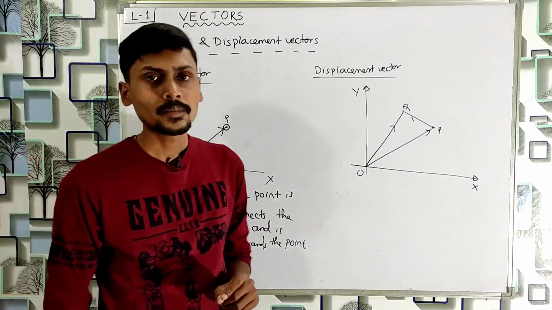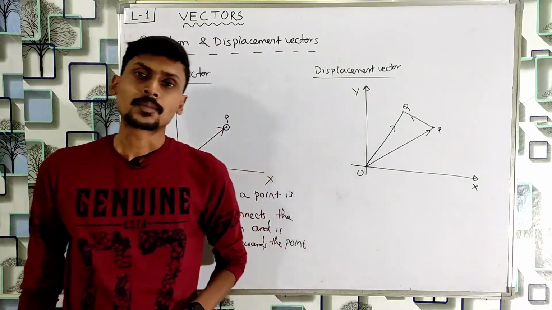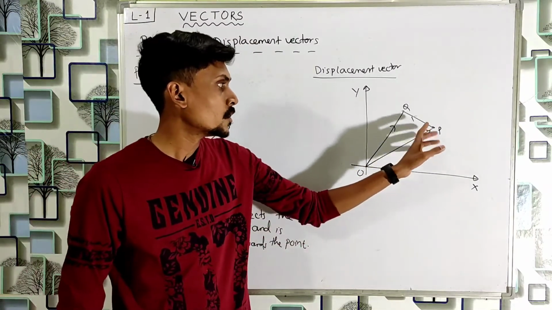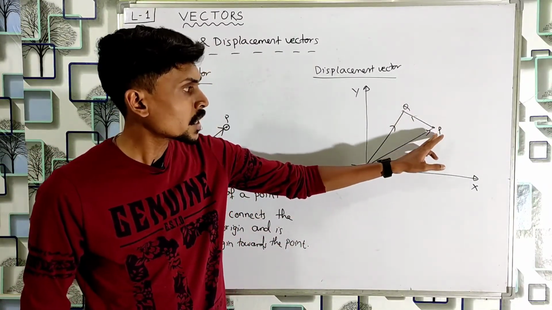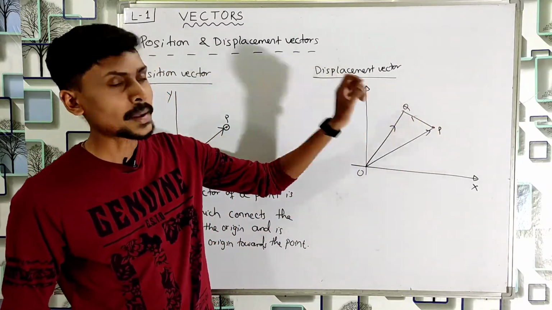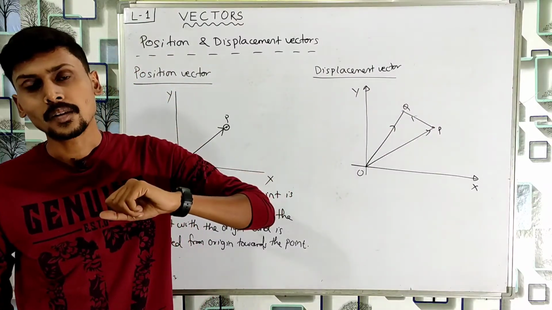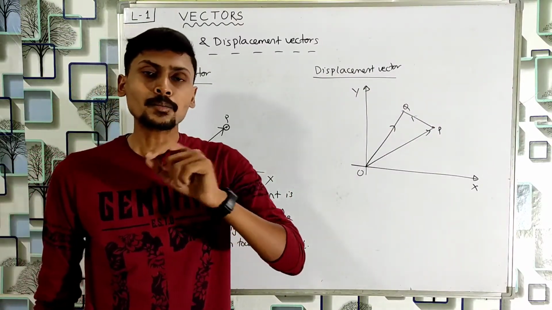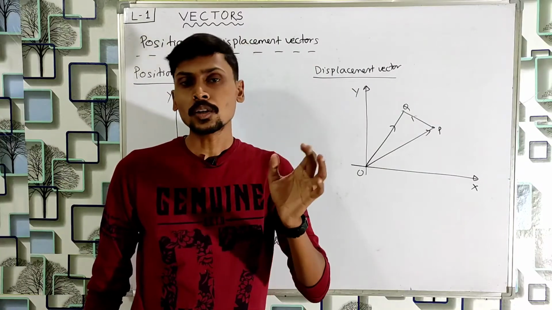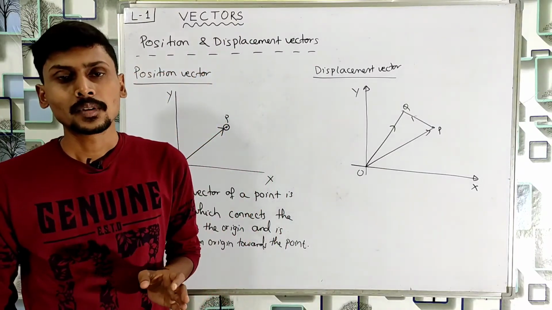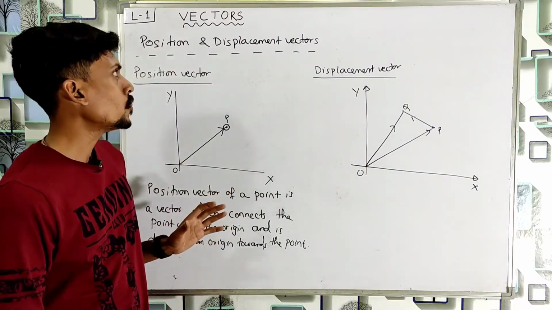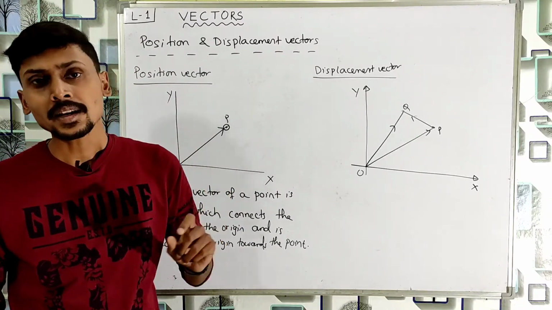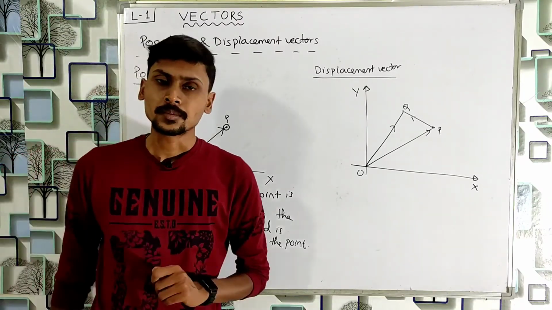Displacement vector is a vector which joins the initial point with the final point of the particle, and it is directed from the initial point to the final point. Is that clear? So this is all about position vector and displacement vector.